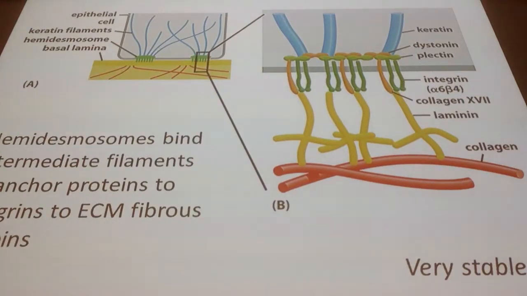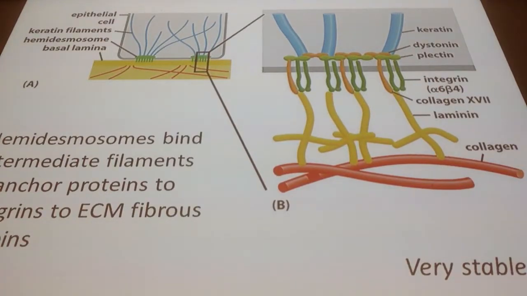The first example is a hemidesmosome. A hemidesmosome is a very specific anchoring junction. There are 4 types of anchoring junction, and hemidesmosome is one of them. A hemidesmosome is formed between an epithelial cell and a basal lamina. That's the only time that you can find a hemidesmosome, between an epithelial cell and a basal lamina.